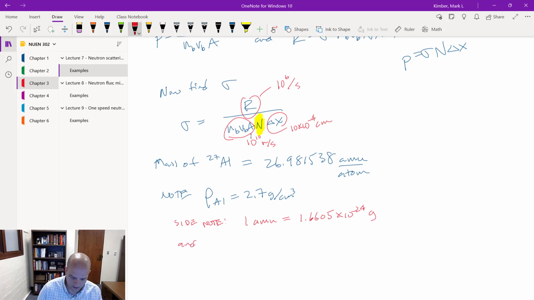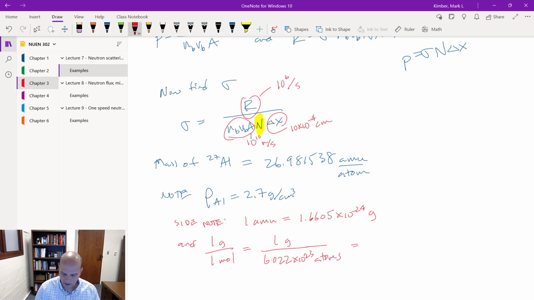And if I take that 1 gram and I divide it by 1 mole, then I'll get 1 gram divided by 6.02 times 10 to the 23rd atoms, Avogadro's number here.